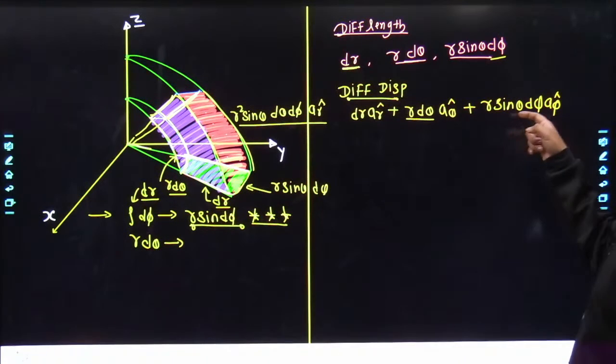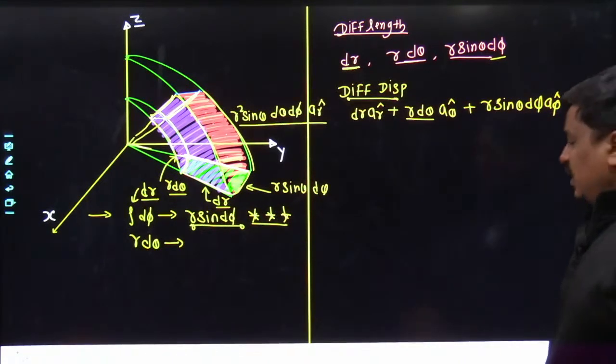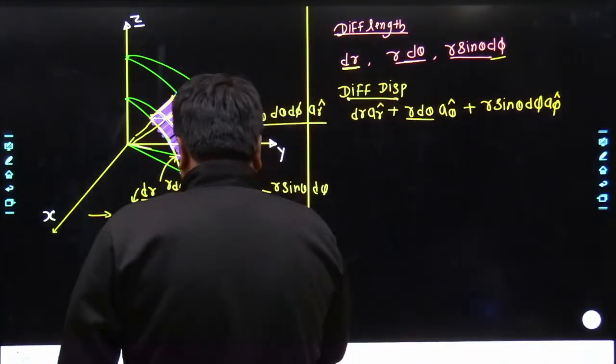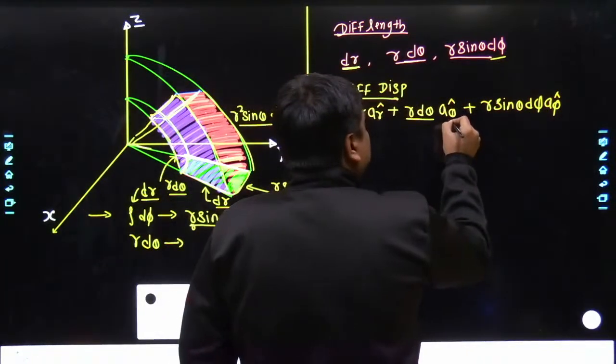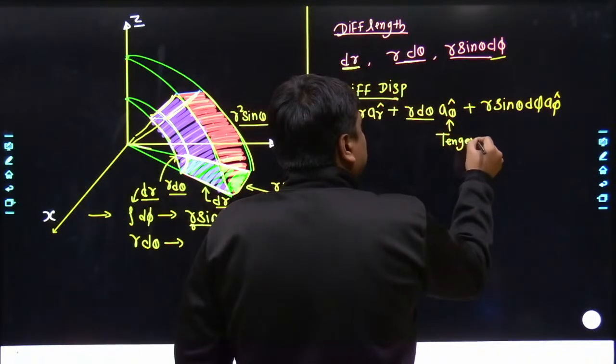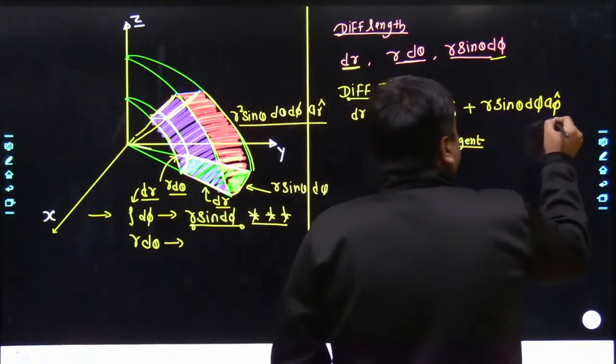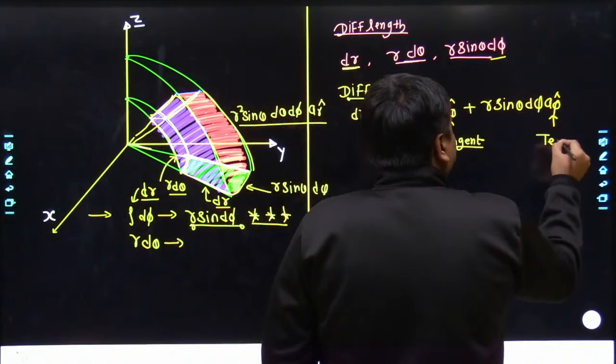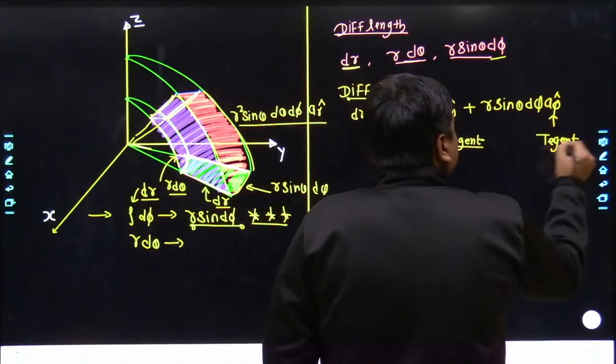And similarly r sin theta d phi a phi cap. Anyways, a theta cap and a phi cap are the tangent over the differential length. Once we go into the detailed analysis, we will go into this part also.